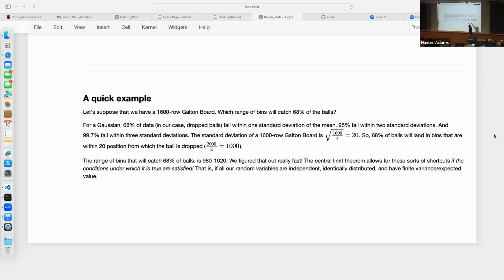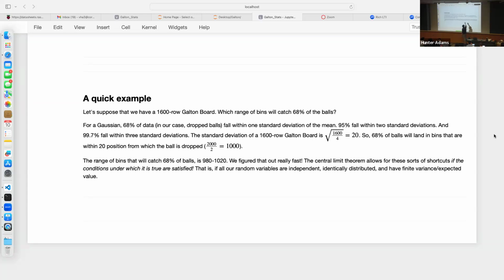And so in the case of a 1,600 row Galton board, the standard deviation is going to be root n over 4, root 1,600 over 4, which is 20. And so 68% of our balls are going to land within 20 positions of our mean, which is right in the middle, right?